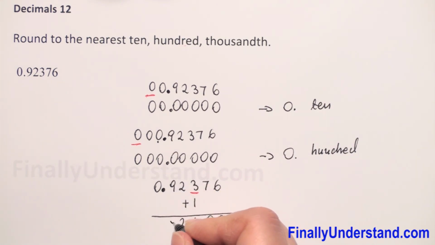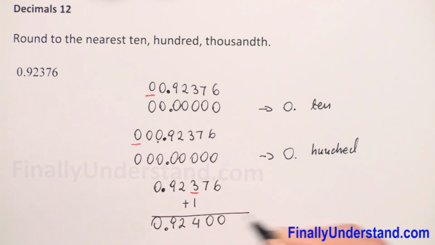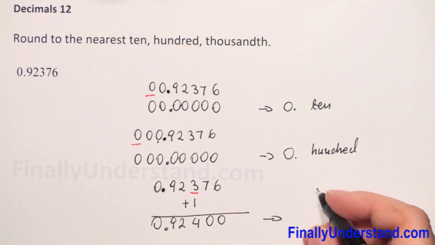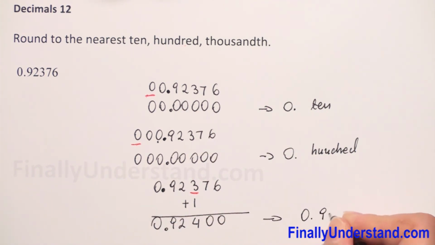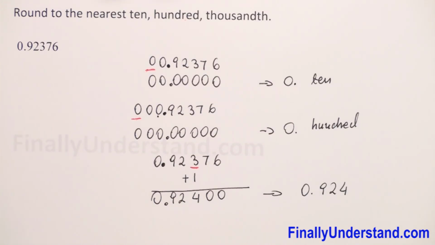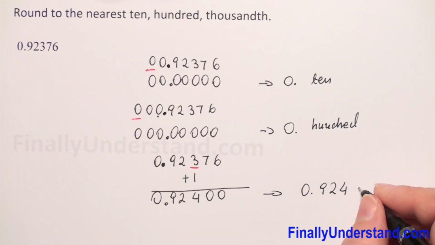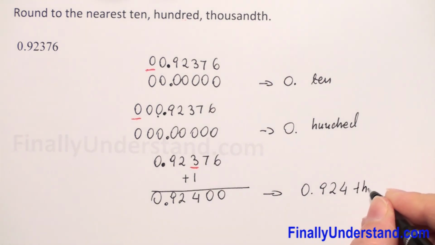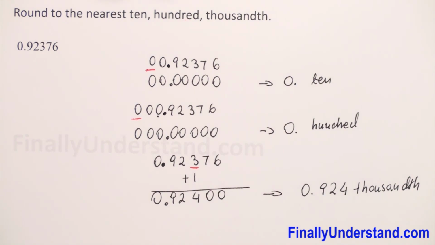So we have 0.924. What do we get? 0.924. We don't have to write the zeros at the end because they don't change the value of our number. So this was rounding to the nearest thousandth. This is my solution.